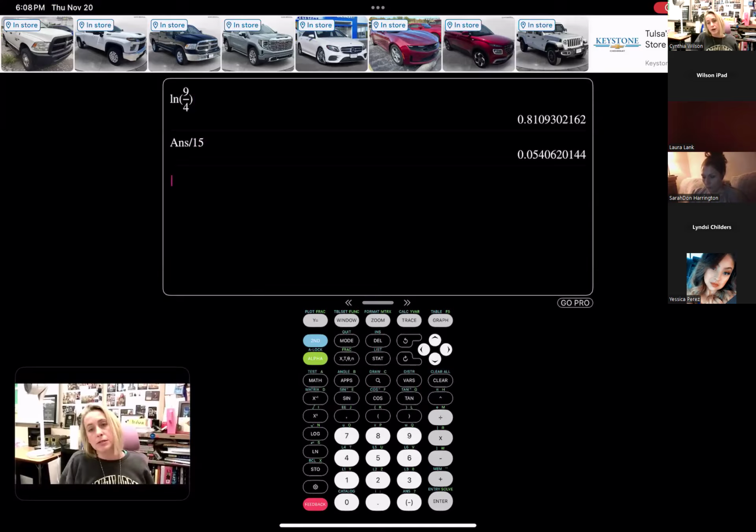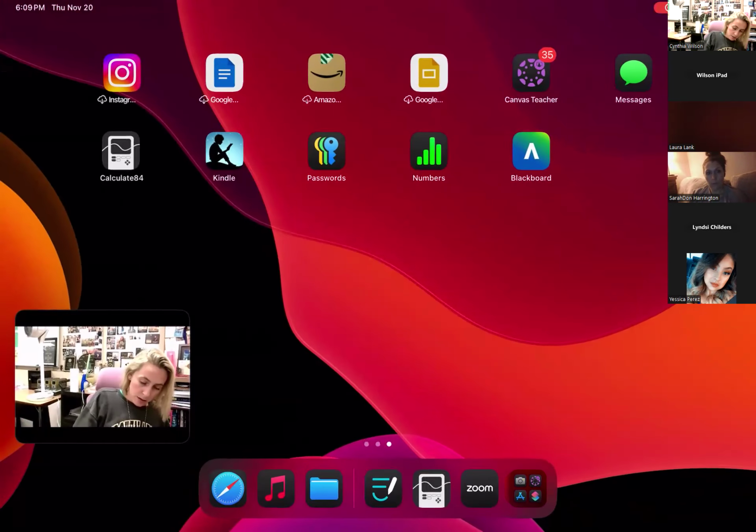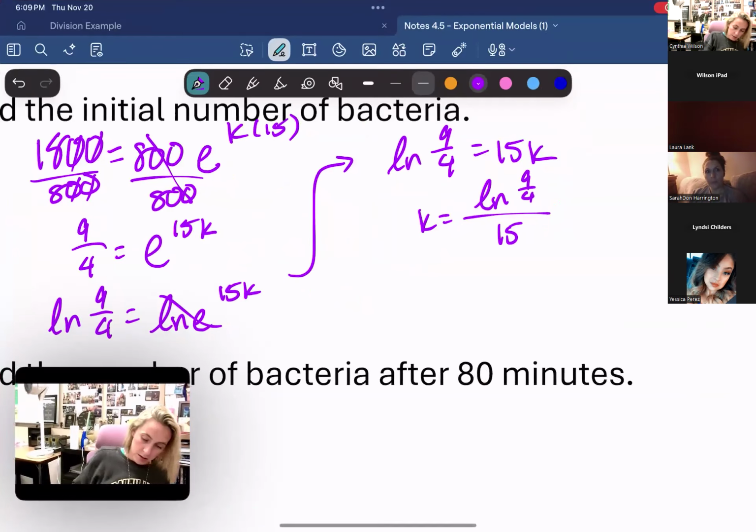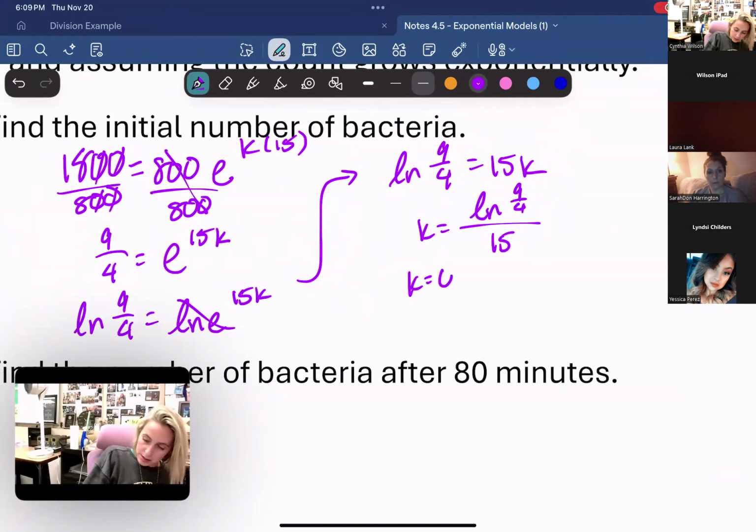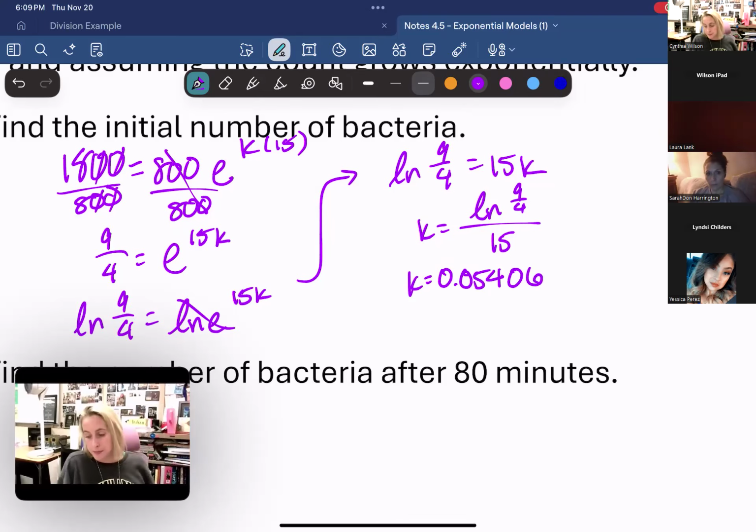I'm going to carry that decimal out as far as I can, at least 5 decimal places, but probably helpful to do a little bit more. So k is 0.05406. This gives me my percent growth.